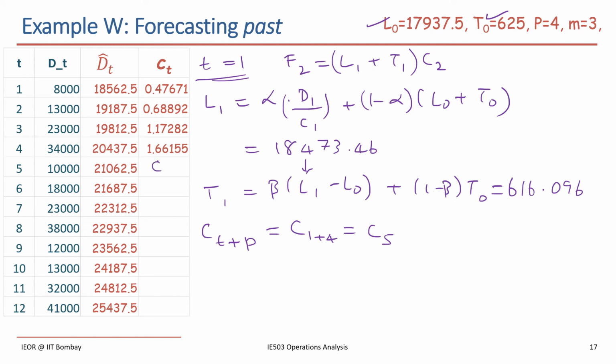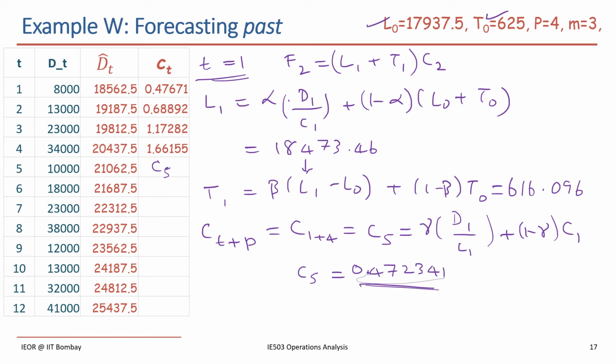So C5 will be simply given as gamma into D1 by L1 plus 1 minus gamma into C1. Again, I know D1, I know L1, I know gamma, I know C1. So using that, we can compute the value of C5 to be 0.472341. So based on the observed value, the value of C5 is slightly different from the value of C1.